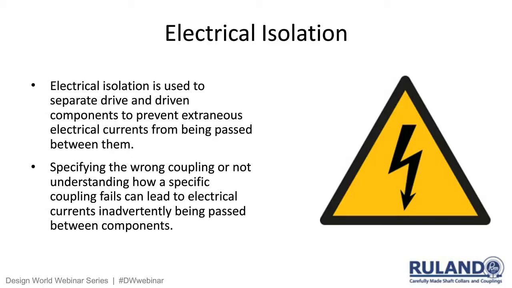You see electrical isolation mostly in encoder and instrumentation applications where you're getting feedback off of the drive system to an encoder, and any stray electrical current in an all-metal coupling could stray out of the drive system, the motor side, and throw the readings off on an encoder, for example, or a meter, some type of instrumentation. This is typically, at least in our applications, where we see the need for electrical isolation.